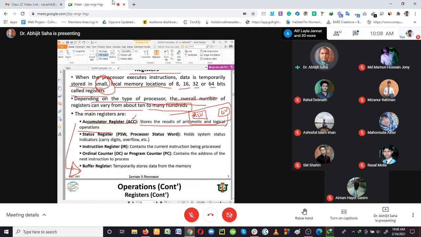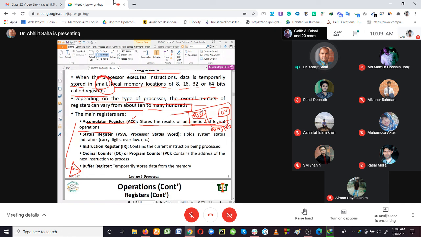When the ALU gets the instruction from the CU, the command to add 3 to 5, the execution is done by the ALU, the arithmetic logic unit. So this is actually the execution unit.